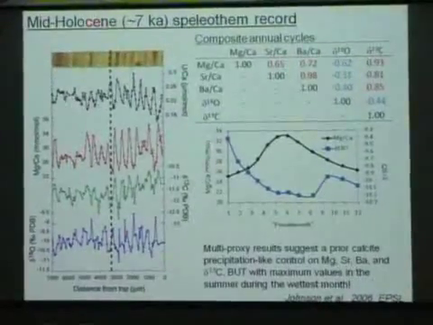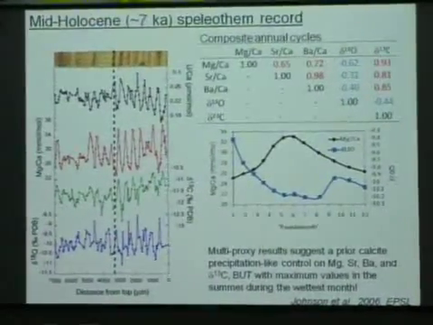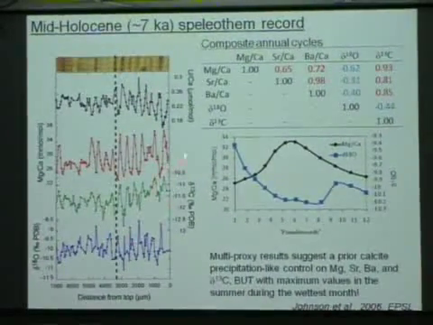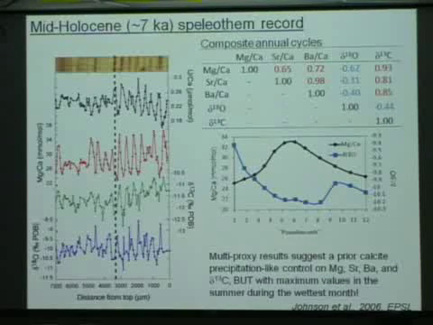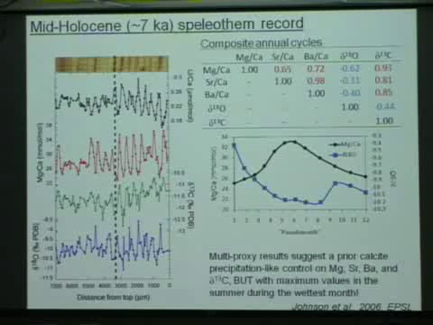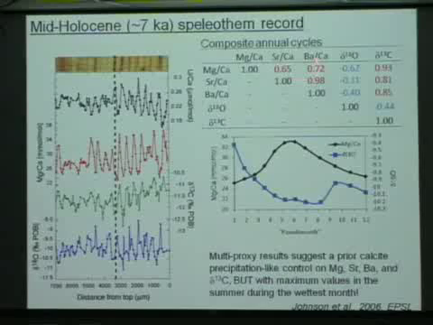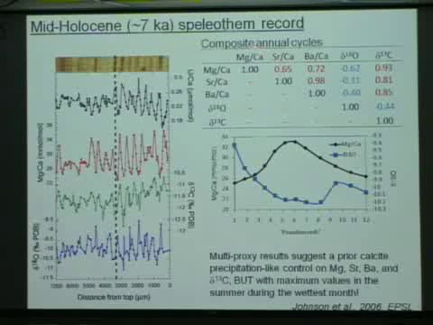And so this is that data I showed you earlier. What we did was actually stack a number of these cycles on top of one another to try and get at what an average cycle might be, and also just to look at the relative timing more clearly between the different proxies. And so to do that, we calculated correlation coefficients of those composite cycles.